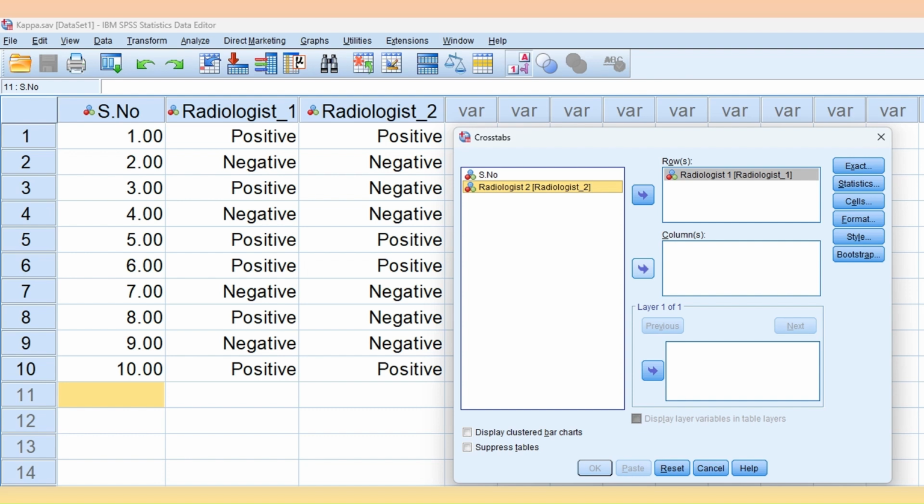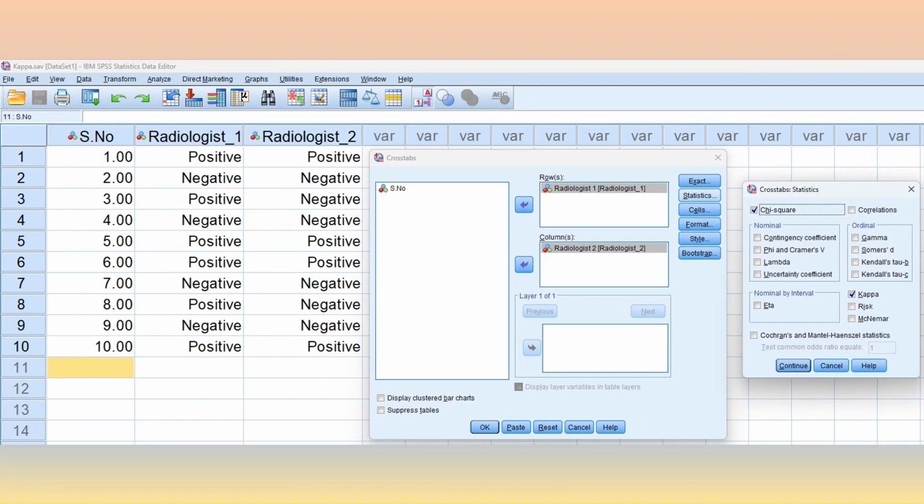In the Crosstabs window, move Radiologist 1 into rows and Radiologist 2 into columns. After moving both, press the Statistics button, check Kappa statistics and press Continue and OK.